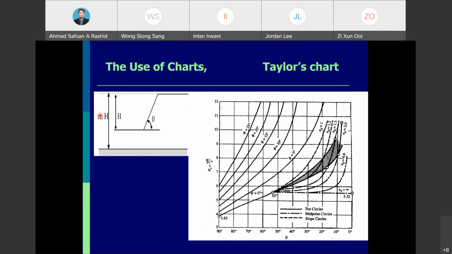ND is the depth factor, H over H, the distance or the height of the slope, and the height from the toe to the hard rock or bedrock or hard layer. So it has 1.2, 1.5, 2.0, 4, and until infinity.